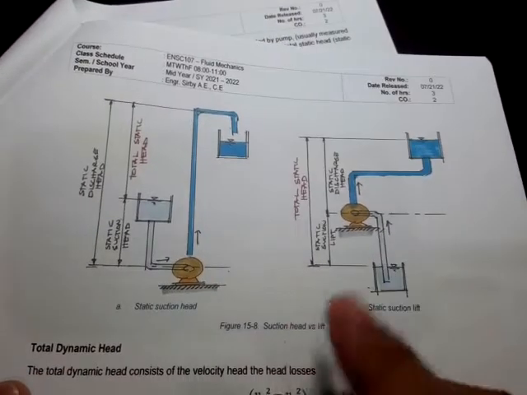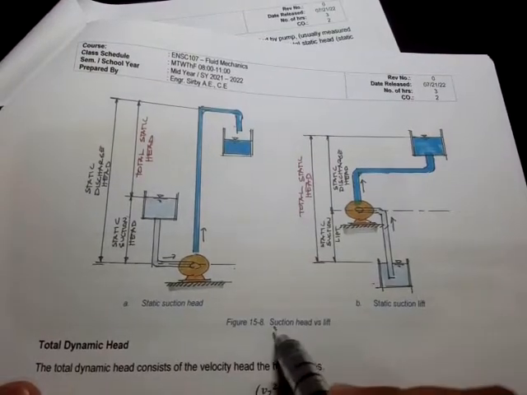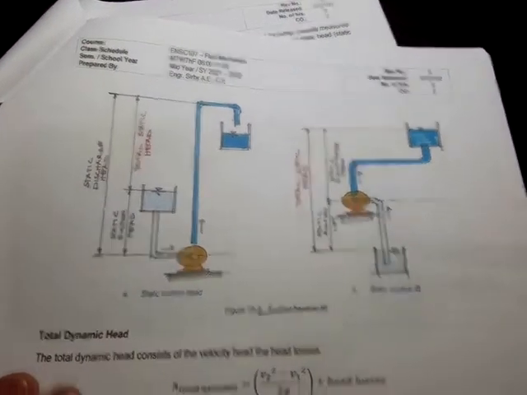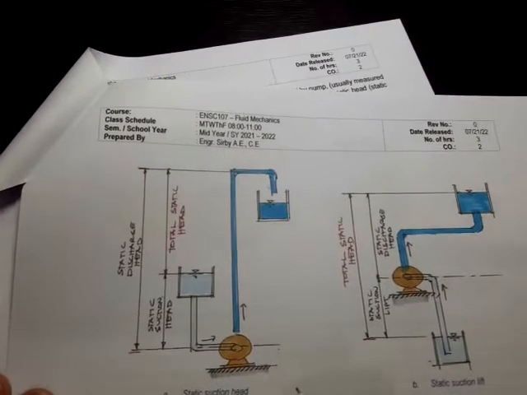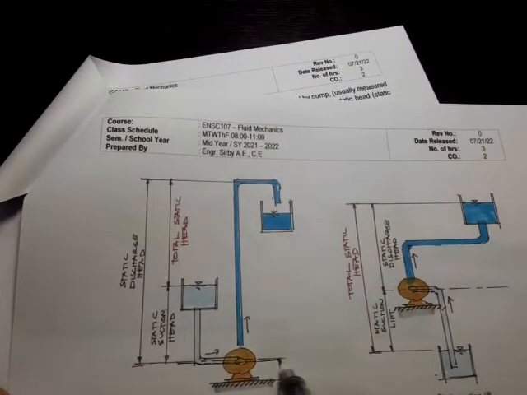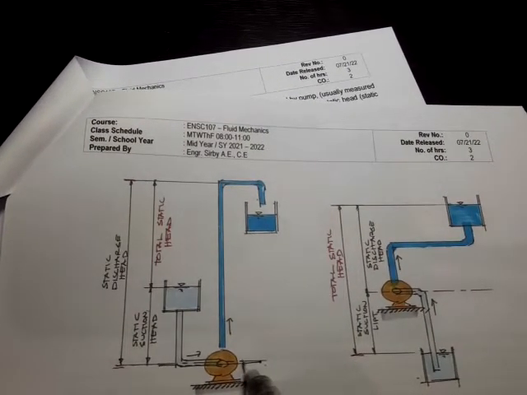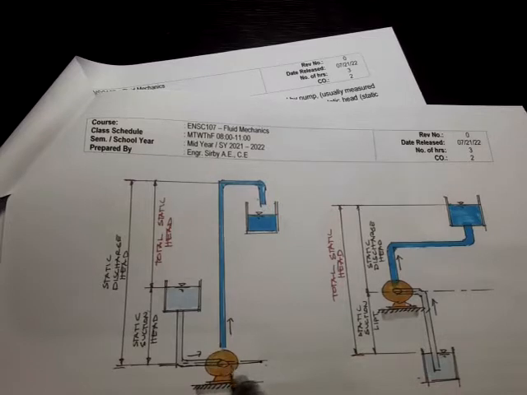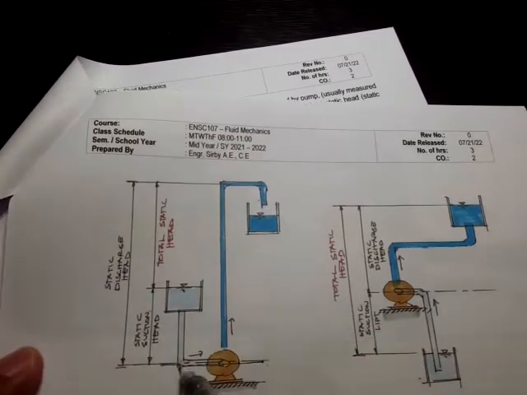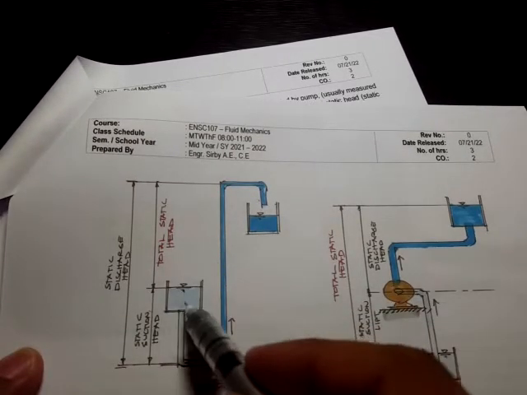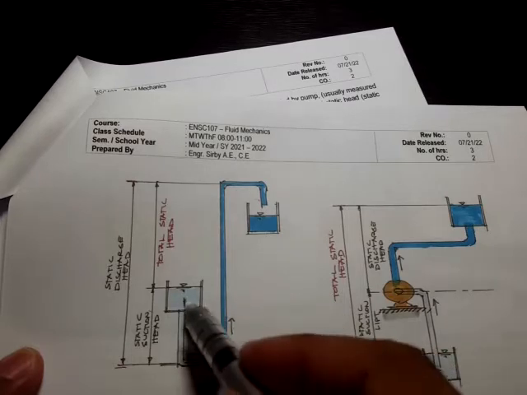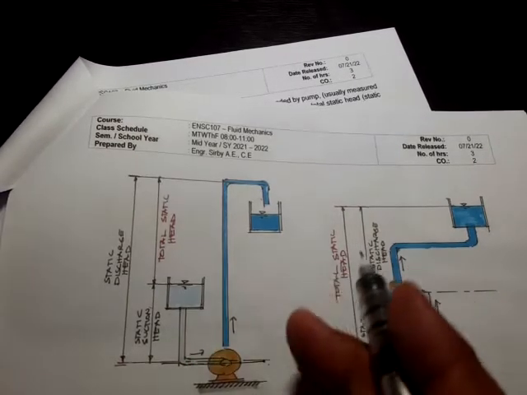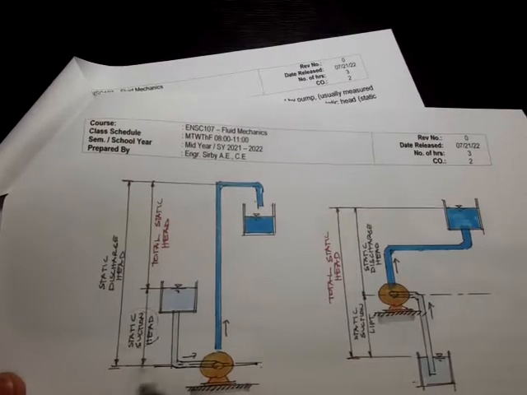Okay, you might have heard the terms suction head and suction lift. So what's the difference? The suction head is basically, if here's our pump, and the suction side is higher than the pump level or pump center line, then that's what we call head. So it's a head term, something more on the weight, pressing downwards. That's the static suction head.